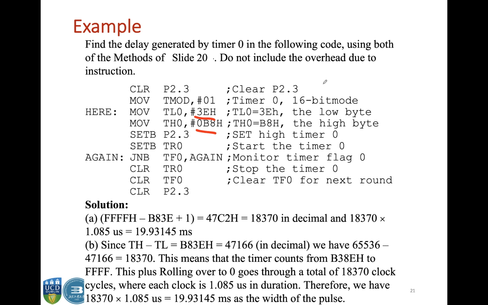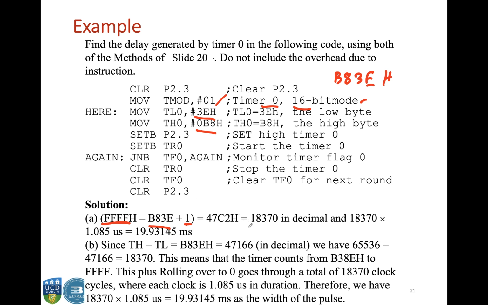Therefore, the 16-bit number is B83E in hex, and timer 0 is operating in mode 1, the 16-bit mode, just to verify. So the total delay will be the maximum possible number FFFF minus B83E plus 1.